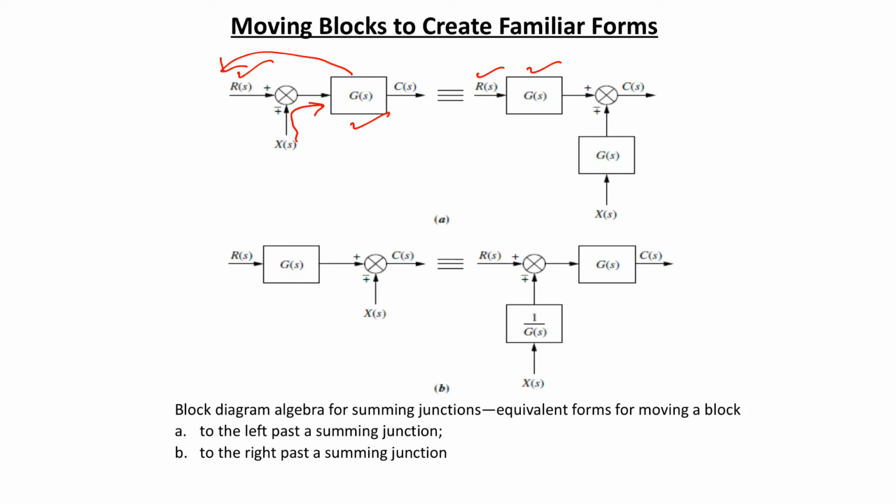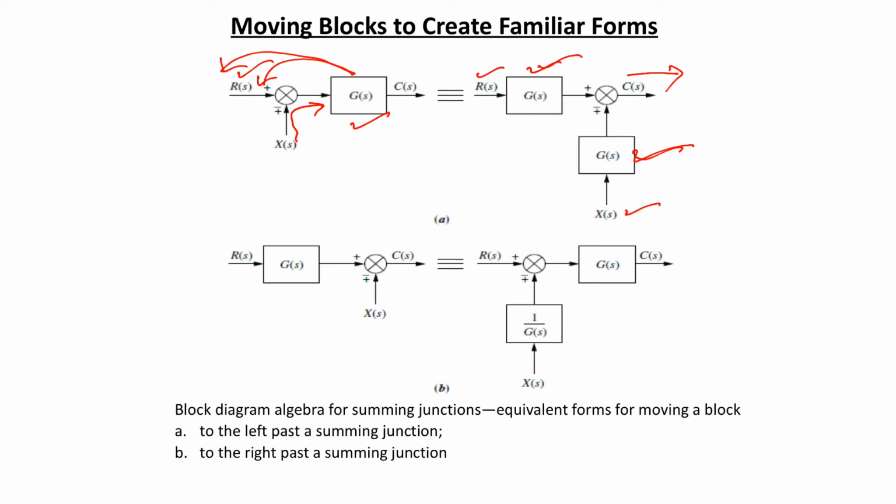So we multiply X(s) with G(s), and a similar form can be obtained. Previously R(s) and X(s) were multiplied by G(s). Now we have taken G(s) before R(s) as shown here, and since X(s) is also multiplied by G(s), we also place a block G(s) so that the signal C(s) remains the same.